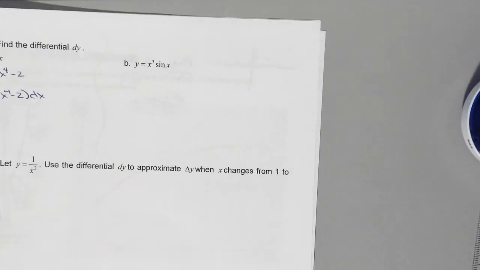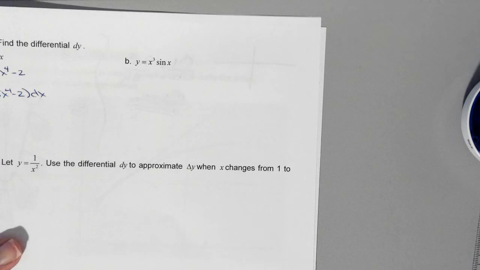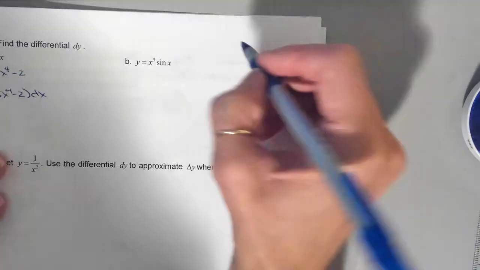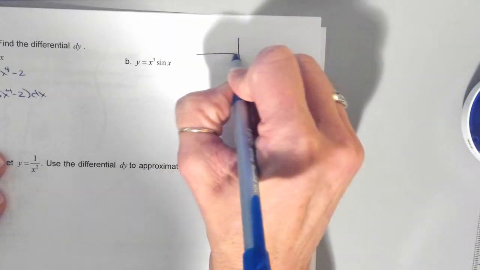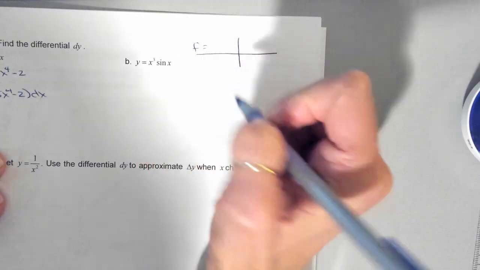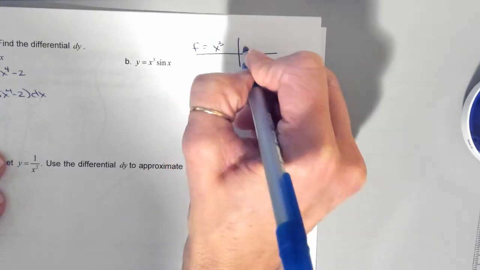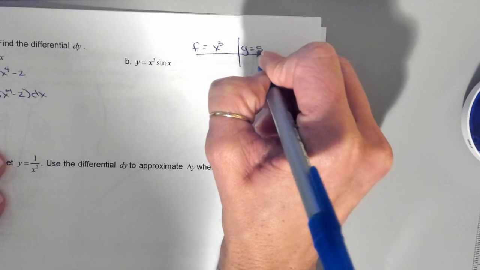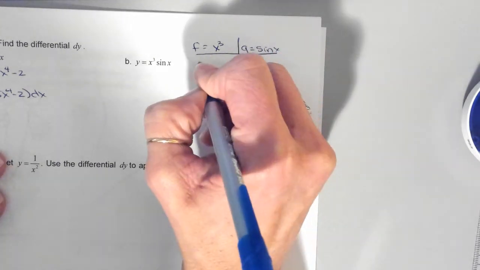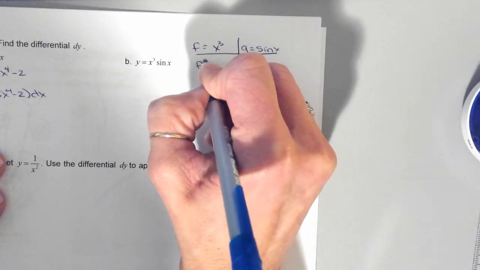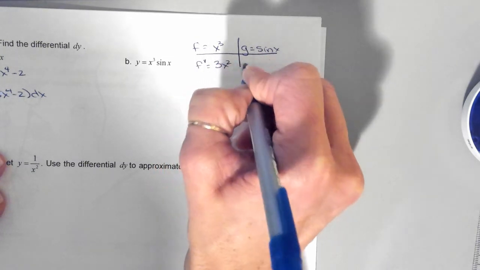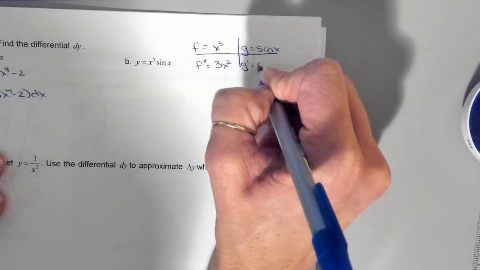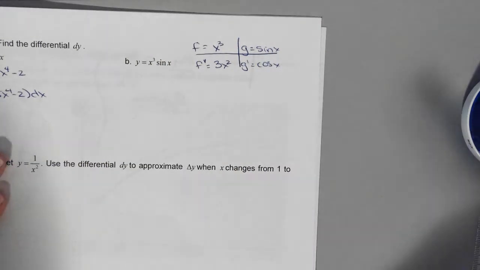In order for me to take the derivative in part b, what do I have to use? I have to use the product rule. So, what is f? What is g? Yep. What is f prime? Yep. What is g prime? Yep. Okay, everybody good?